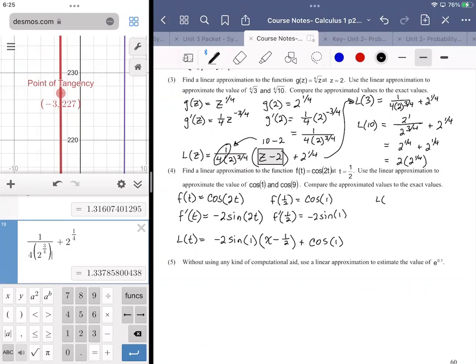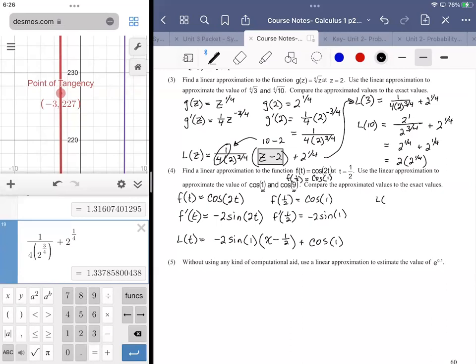So it says cosine of 1 and cosine of 9. The issue that we run into here is that since there's a coefficient on the t inside the cosine, if I wanted to figure out what the cosine of 1 was based off of this, I'm really figuring out what f of 1/2 would be.